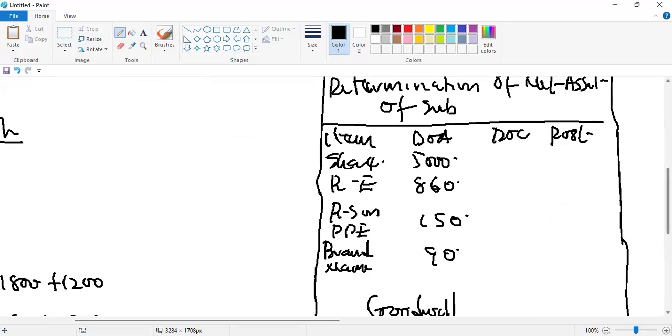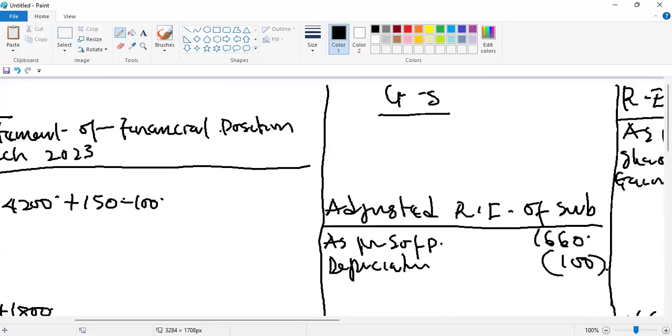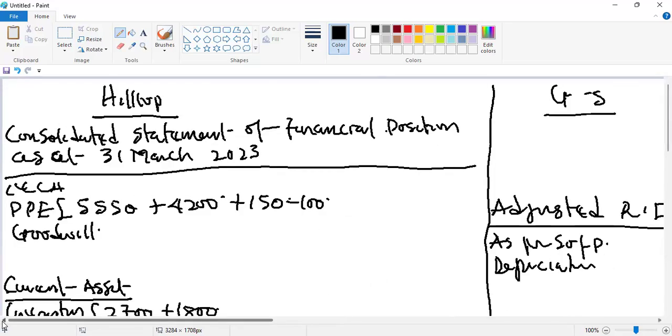So the brand name, brand loyalty, trade loyalty of 90 million. I will open a separate brand name, different from the goodwill. 90, there was no amortization because it has indefinite useful life.